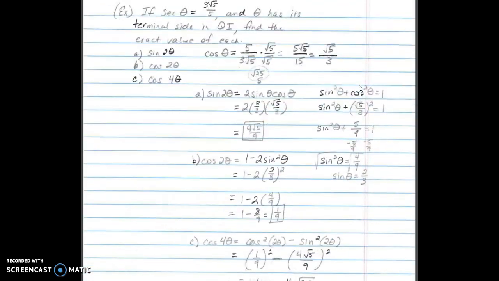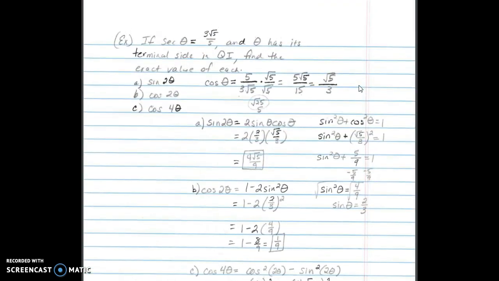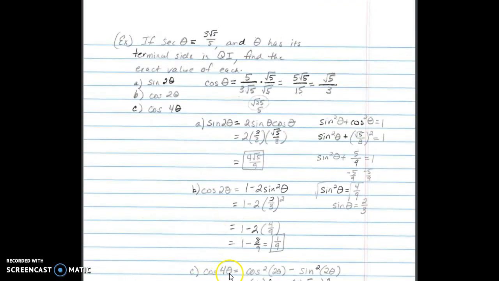So our formula for the cosine of 4 theta will be cosine squared 2 theta minus sine squared 2 theta. And we found the cosine of 2 theta here. We found the sine of 2 theta there. We'll just square both of them, subtract, and have our answer.